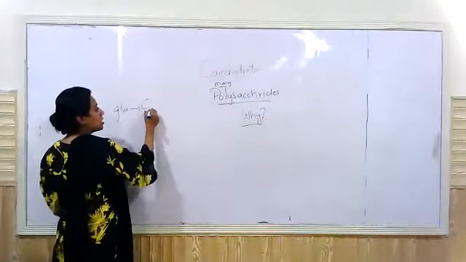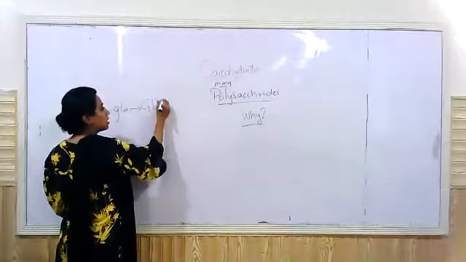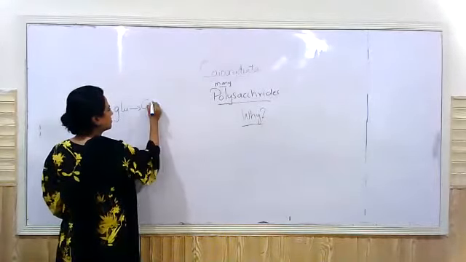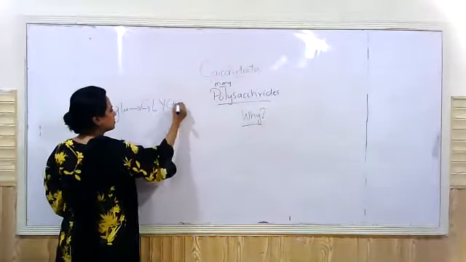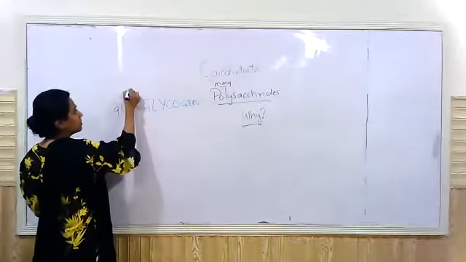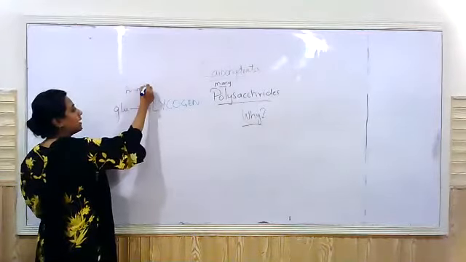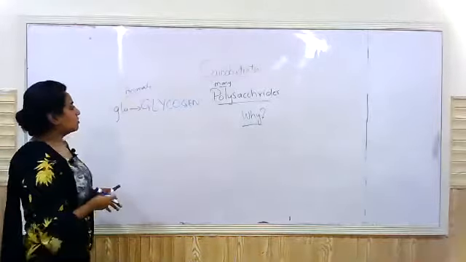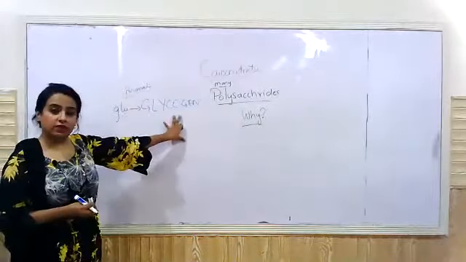So in the case of all animals, the spare glucose, the extra glucose, is stored in the form of glycogen.